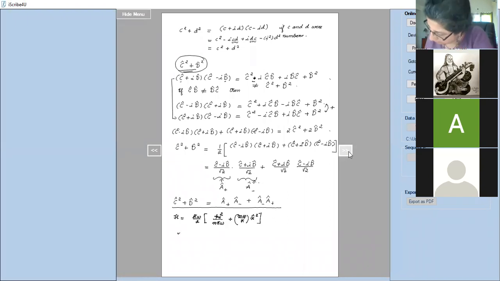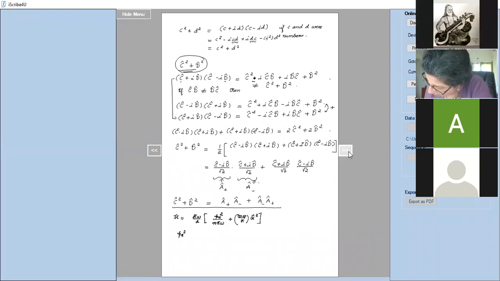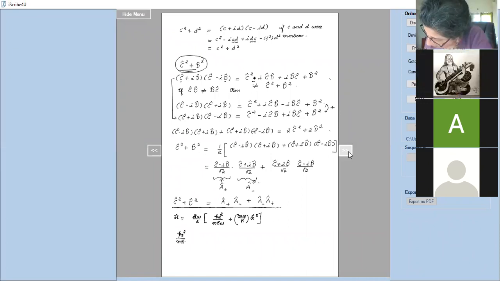So our px square by m h cross omega is like our, oh, one second, let me just be a little careful. We'll have to be a little careful over here. I think this is actually like D square. And similarly our m omega by h cross x square is like our C square.